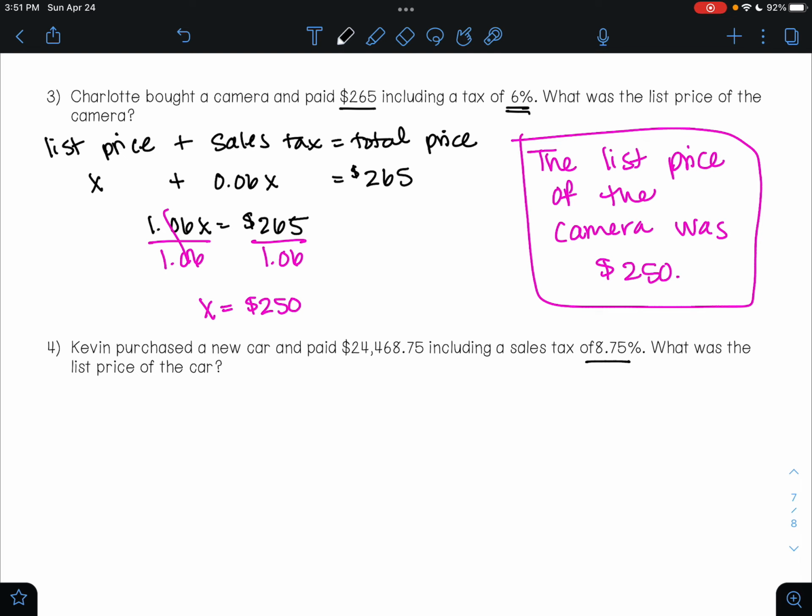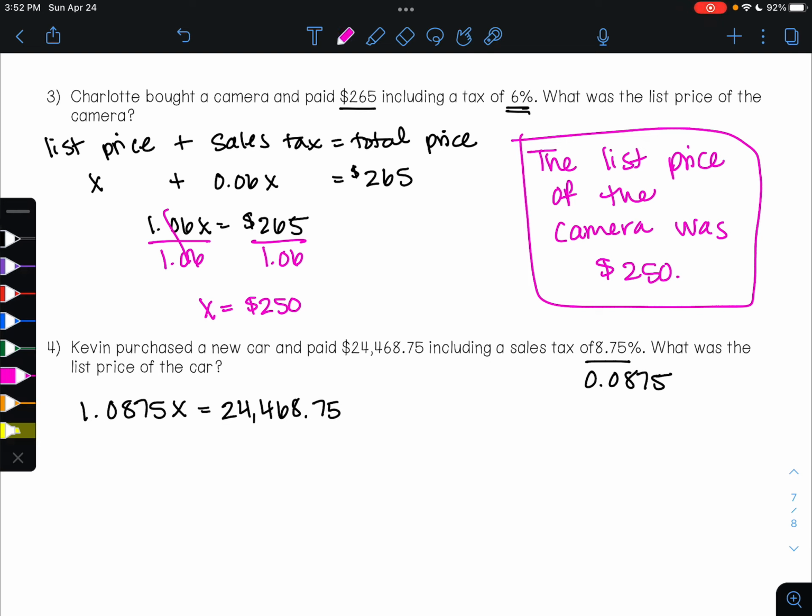So 8.75% as a decimal is 0.0875. So 1 plus that would be 1.0875x is equal to $24,468.75.